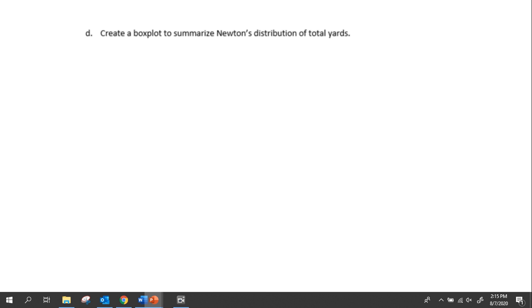Create a box plot to summarize Newton's distribution of total yards. So what I need is my min, my Q1, my median, my Q3, and my max. So I can find all of that in my calculator.